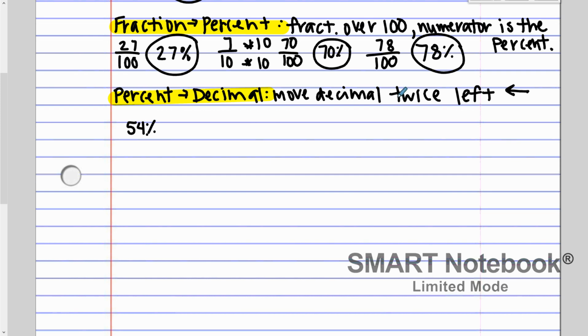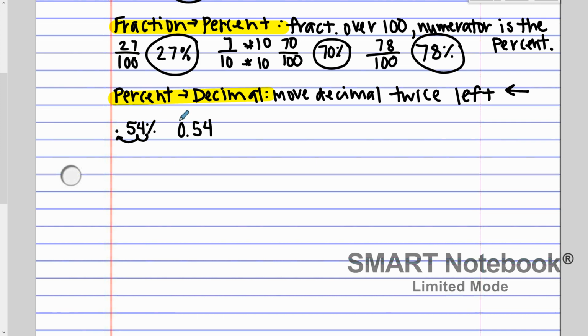When we say move the decimal twice left, it means move it 2 decimal places to the left. The first place would be 5.4. Move it once more to the left. Put our decimal in here. This becomes 0.54, 54 hundredths, which makes sense because percent is out of 100. This is 54 over 100.